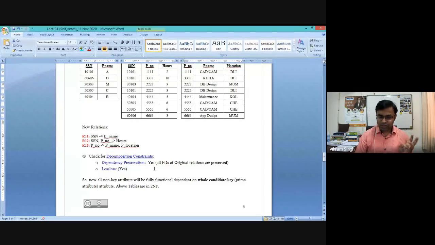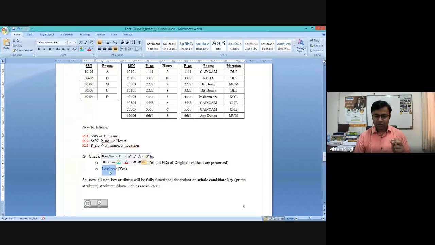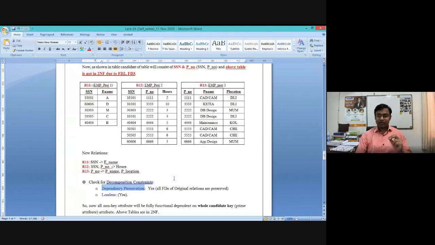So there are 2 constraints. First one is called dependency preservation and second one is called lossless. So dependency preserving says that before this decomposition, whatever FDs we have, so we have 3 FDs in this case, right? So before the decomposition of relation R, we have 3 FDs, and after the decomposition into 3 relations R11, R12, R13, now you have to see, are we losing any FD just because we have separated the attributes?